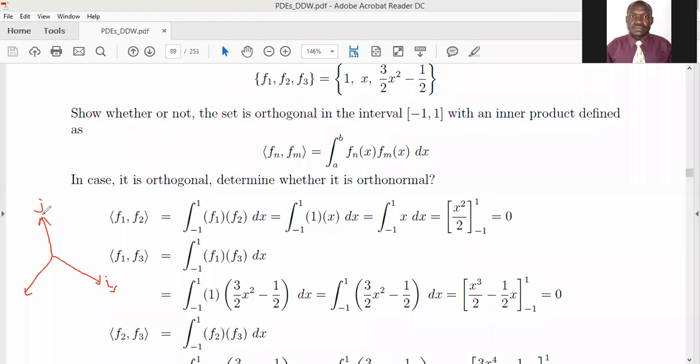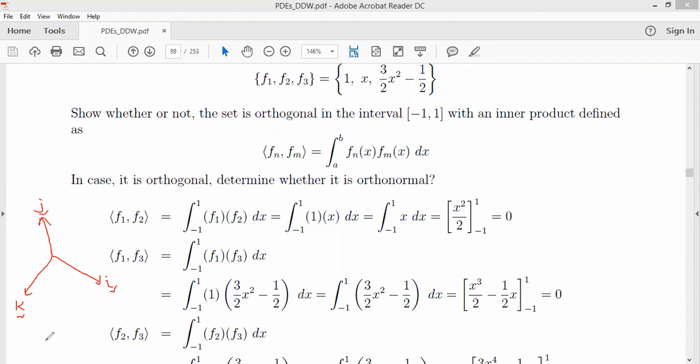These are vectors, and then you have the k here. I think you remember. So when you talk of orthonormal, you know that when you dot i with i, j dot j, k dot k, that always gives you what? I think that always gives you a 1.